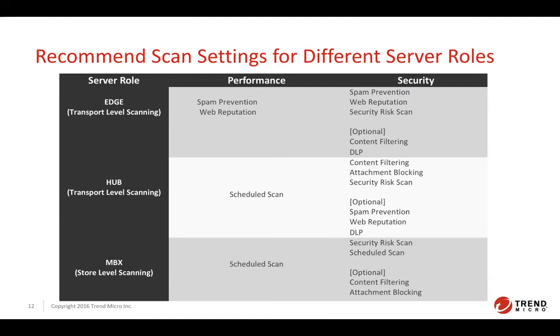If you're leaning towards security, then add to those two security risk scan and optionally content filtering and/or data loss prevention, DLP. DLP is built into ScanMail, and I'll cover that in a little bit.